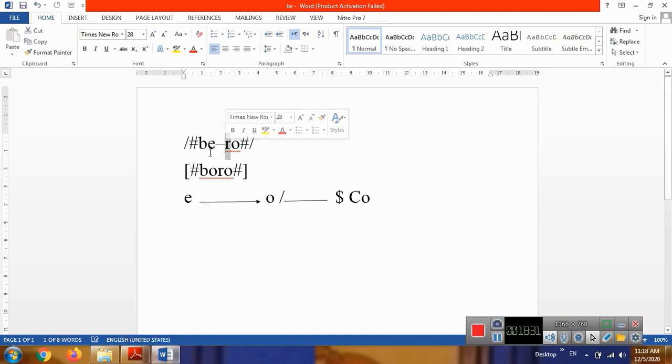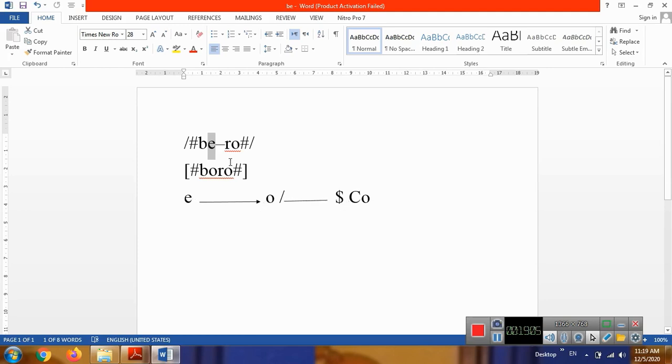Here we have the consonant r between these two vowels. We have ro, and here we have b. But when this prefix is added to this root, this vowel, because of that vowel, becomes similar to it, and e becomes o in this environment.